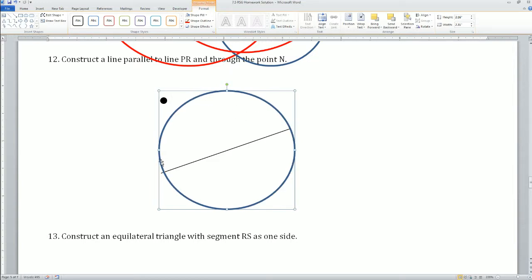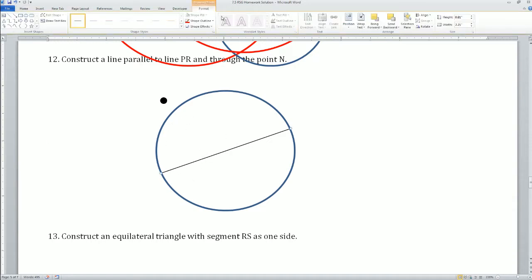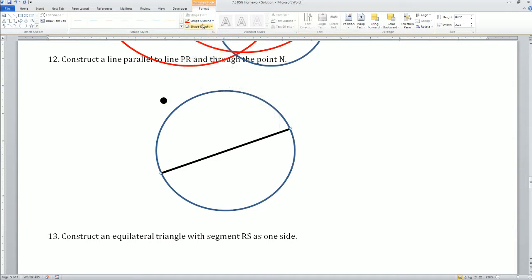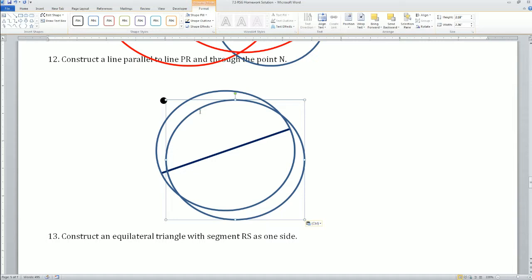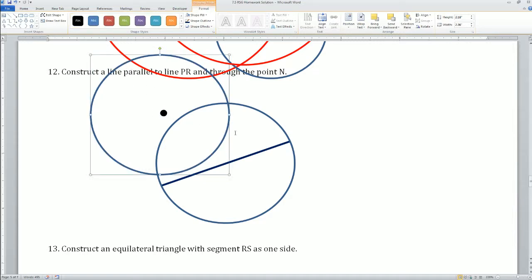I could make it its radius, but I'm just going to make it its diameter. Looks good. That is now the blue part's diameter. Copy this. Make this dot the center of this circle.